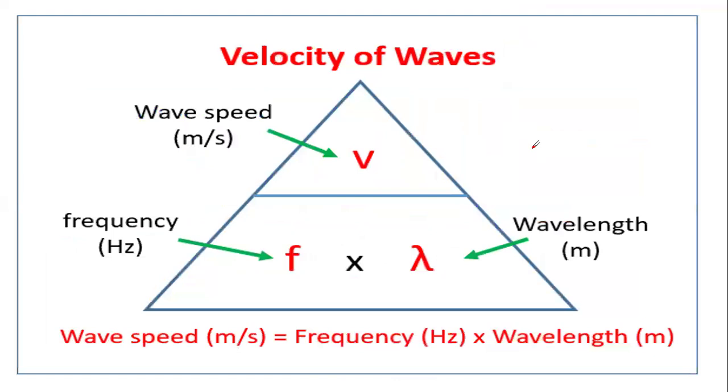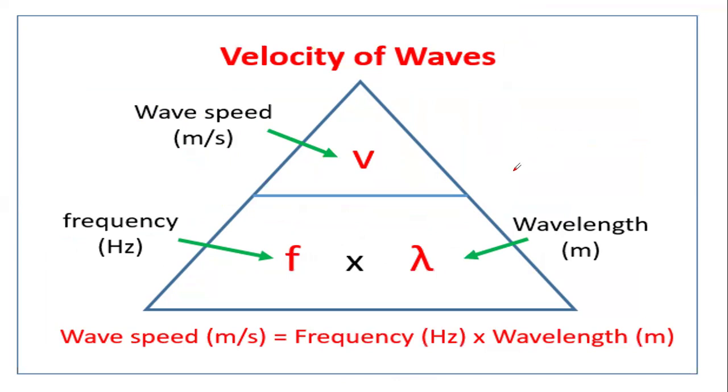And now we talk about the wave velocity, or the velocity of waves. I said that if you multiply the value of the frequency by the value of the wavelength, you get your wave speed.